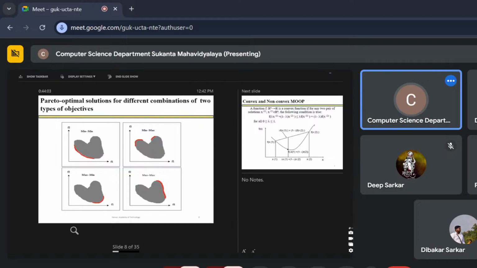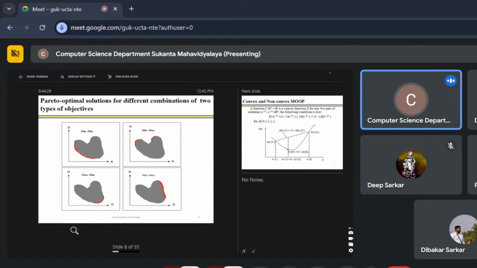As a result, where do you expect your solutions to lie? Exactly, this is the region. That is the significance of the red marked region.